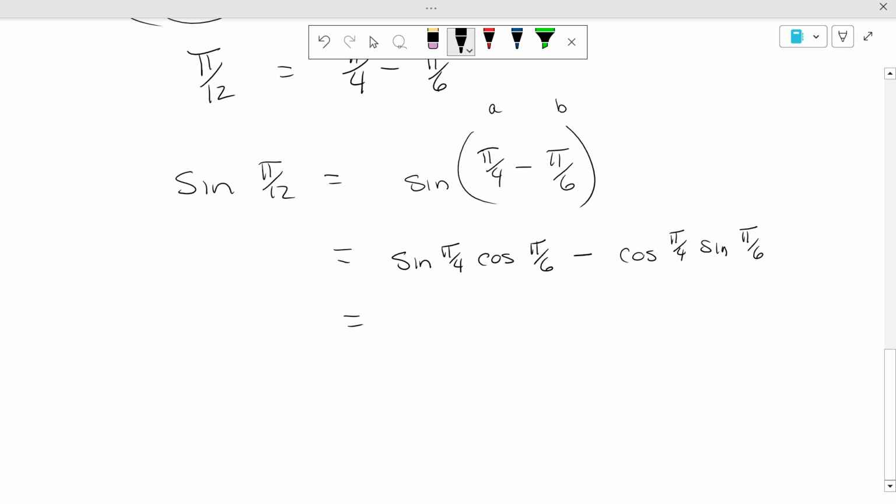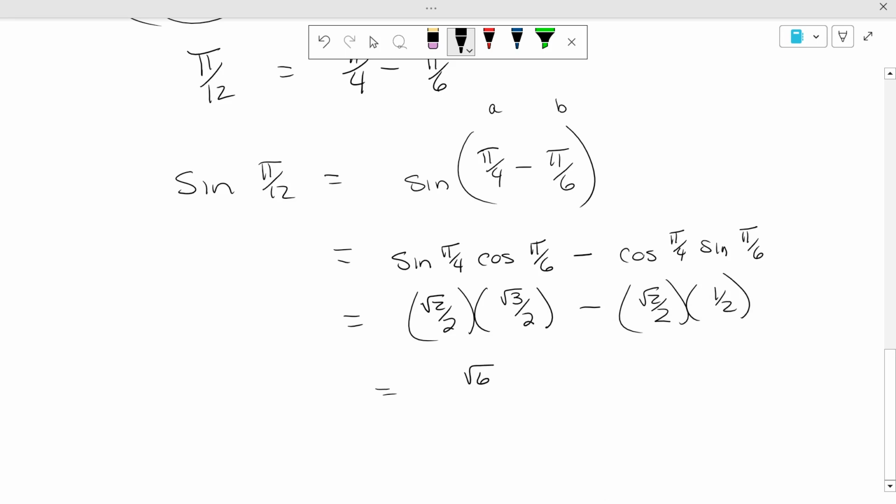Well, what's the sine of pi over 4? Square root of 2 over 2. The cosine of pi over 6? Square root of 3 over 2. No, it isn't. Cosine of pi over 4? Square root of 2 over 2. Sine of pi over 6? 1 over 2.